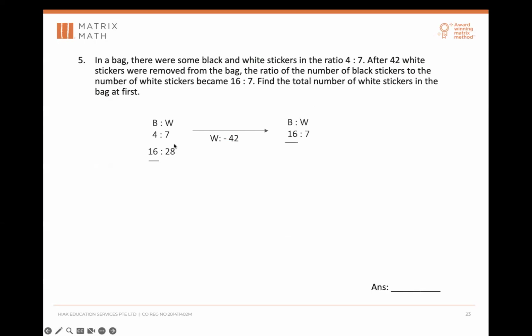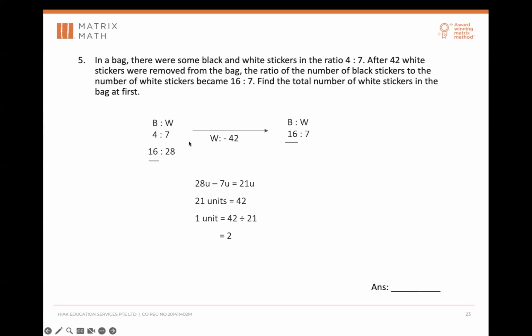Focus on the white. Before, white is 28 units. After the change, white is 7 units. So the change from 28 to 7, a reduction of 21 units, is equal to 42 white stickers. So 1 unit is equal to 2 stickers.